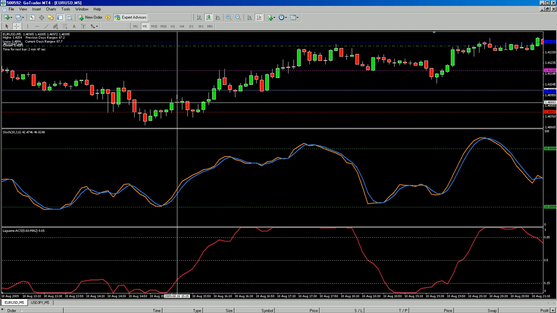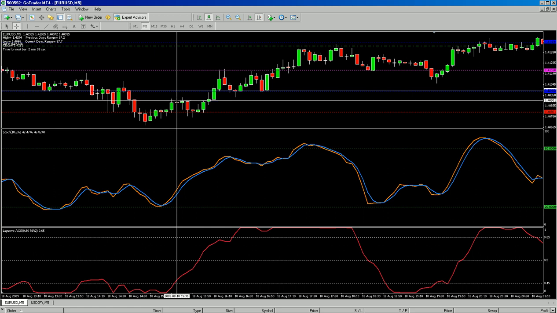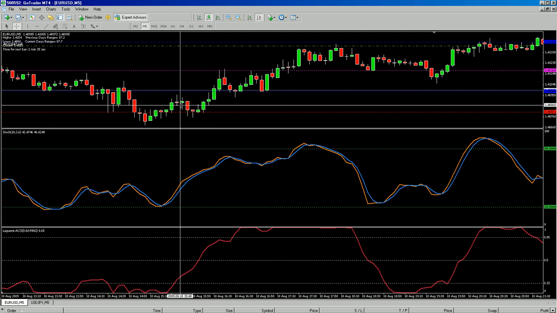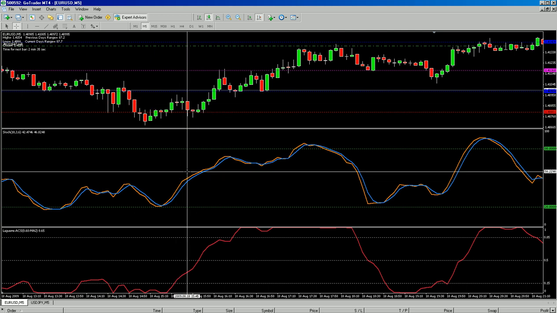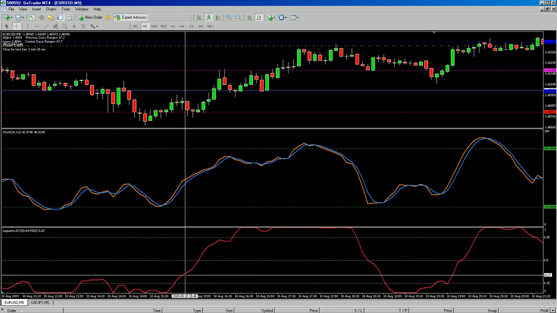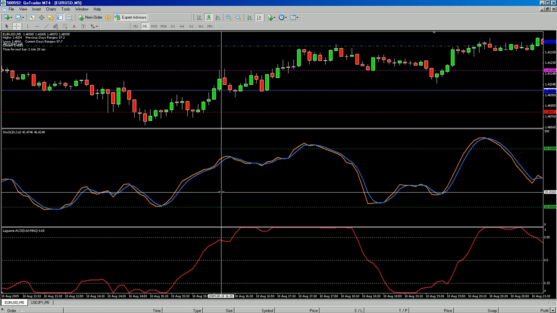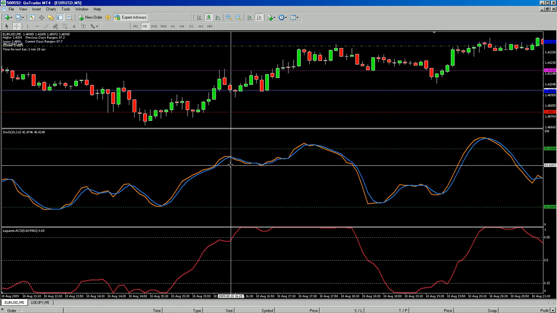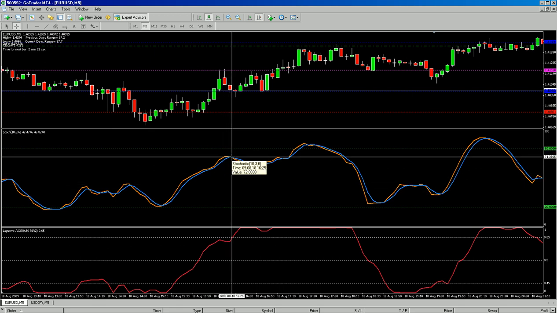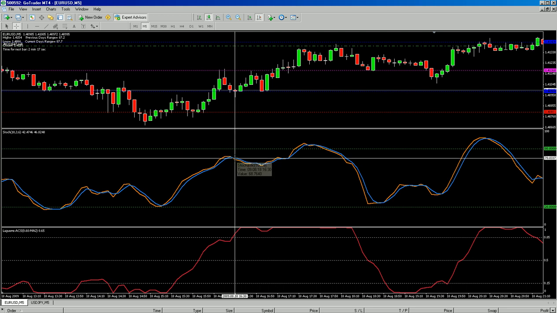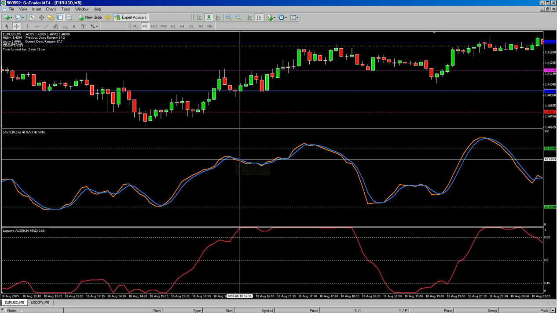Now we've had a bit of a pullback on this candle here, this little one that's sticking up. Even so the stochastic stayed long, and the lag is still going up. So we're going up, going up, going up. Now we have a pullback here on the stochastic and a crossover to the downside. You may be tempted to go short there.